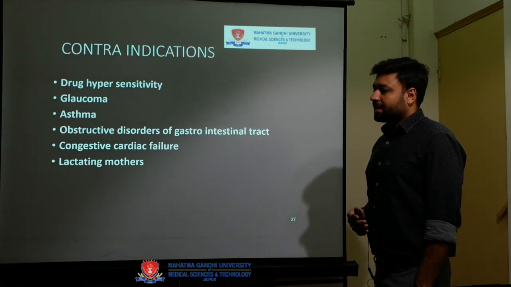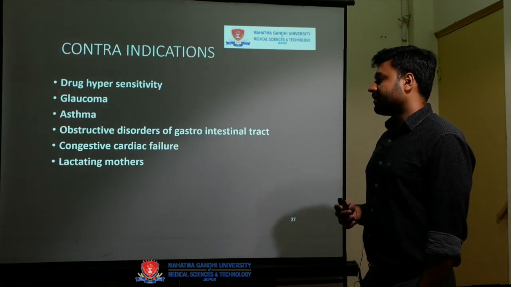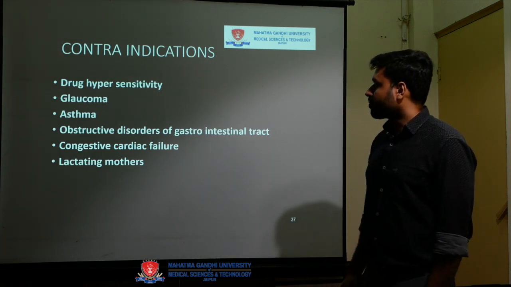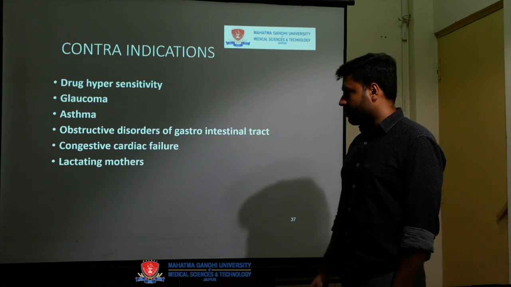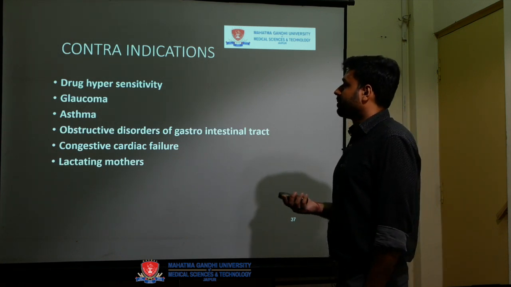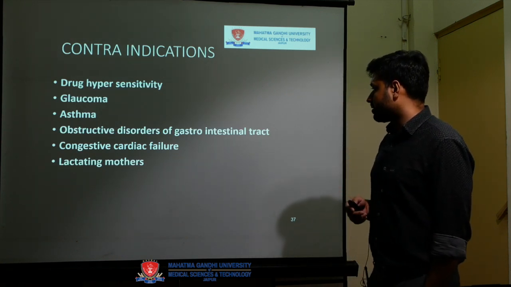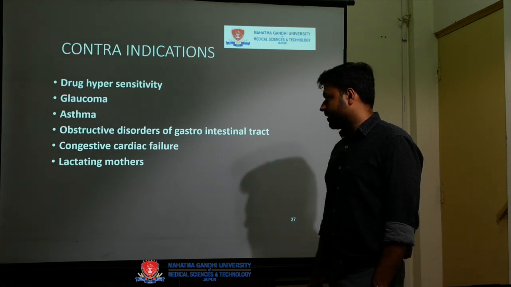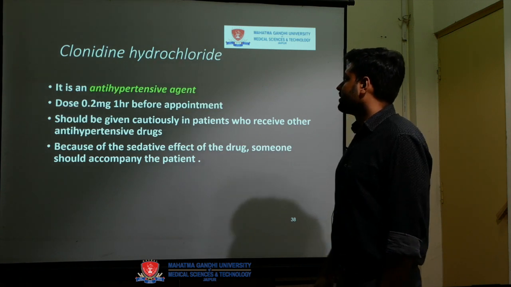Now there are certain contraindications of these drugs, like drug hypersensitivity. If the patient has a sensitivity reaction, we cannot use this. We also cannot use these drugs in glaucoma, in asthmatic patients, in obstructive disorders of the gastrointestinal tract, in congestive cardiac failure or in lactating mothers.